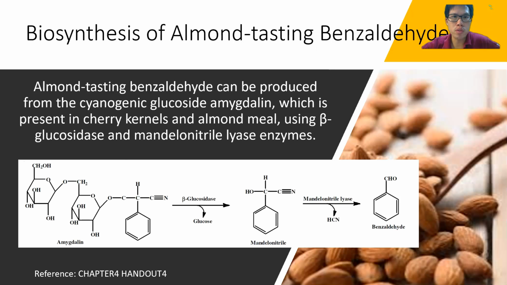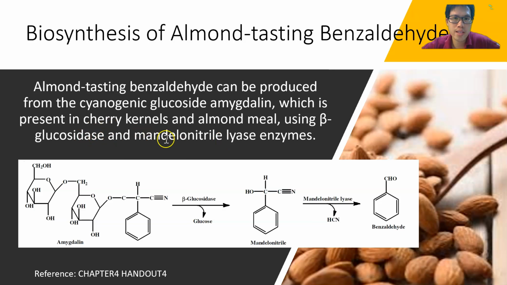For example, the biosynthesis of almond-tasting benzaldehyde. The almond-tasting benzaldehyde can be produced from the cyanogenic glucoside amygdalin, which is present in cherry kernels and the almond meal that I mentioned, using beta-glucosidase, which is an enzyme, and mandelonitrile lyase enzymes.